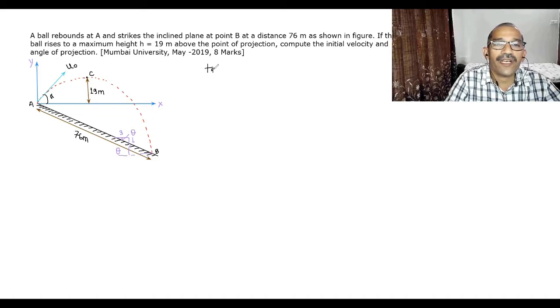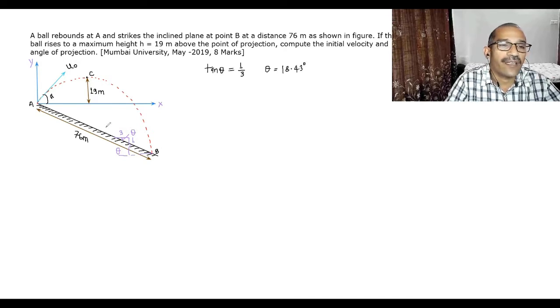Tan of theta is dy by dx, opposite upon adjacent, so it is 1 divided by 3. Using a calculator, angle theta comes out to be 18.43 degrees.